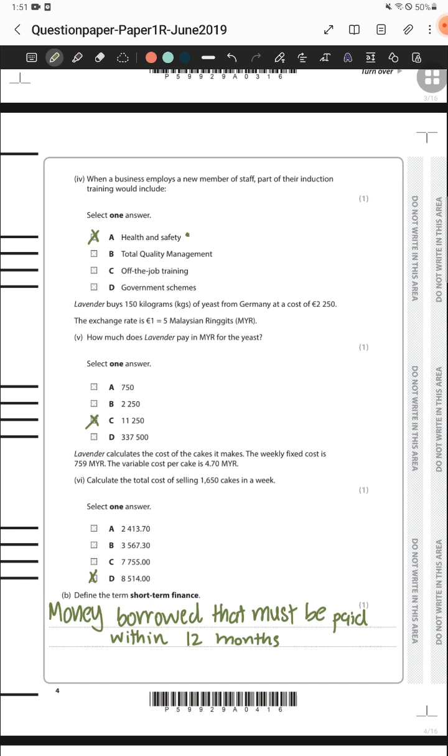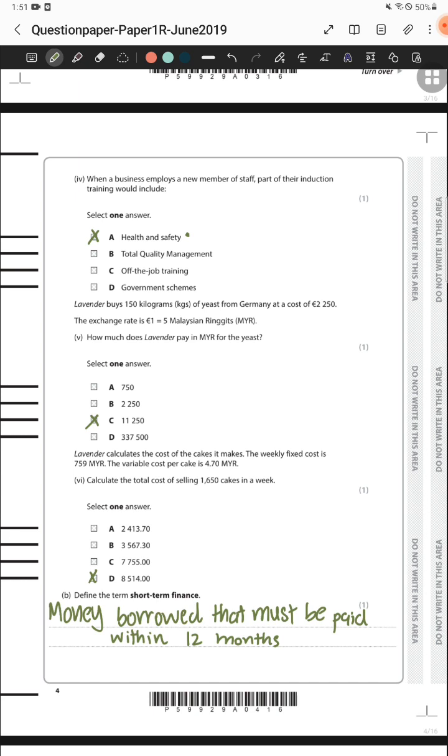Okay, lavender buys 150 kilograms of yeast from Germany at a cost of 2,250 euros, I think. The exchange rate is 1 euro to 5 Malaysian ringgits. How much does lavender pay in Malaysian ringgit for the yeast? Now, this is a basic math question.